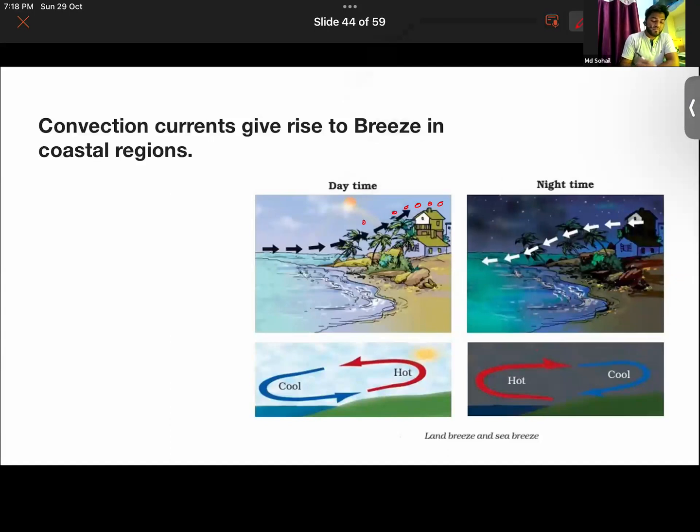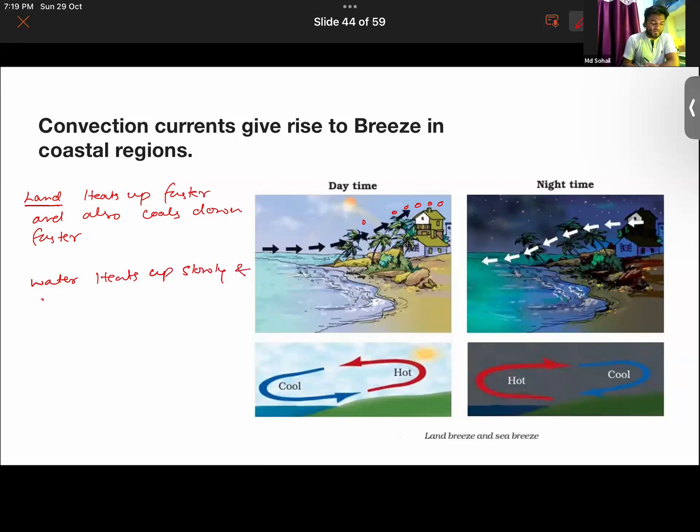The property of land, we know, is that land heats up faster and also cools down faster, right? While the case with water is that water heats up slowly and cools down slowly.